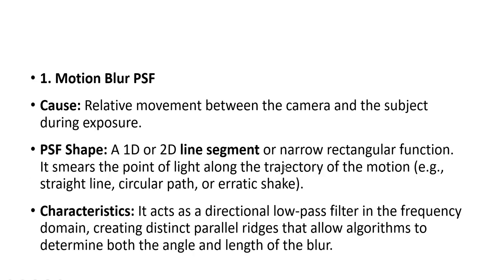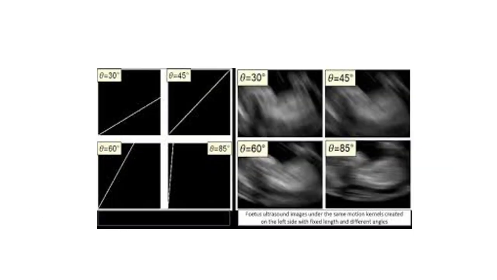So motion blur is a 1D or a 2D line segment. It basically creates a line segment across images. As you can see here, it has created some line segments across images.